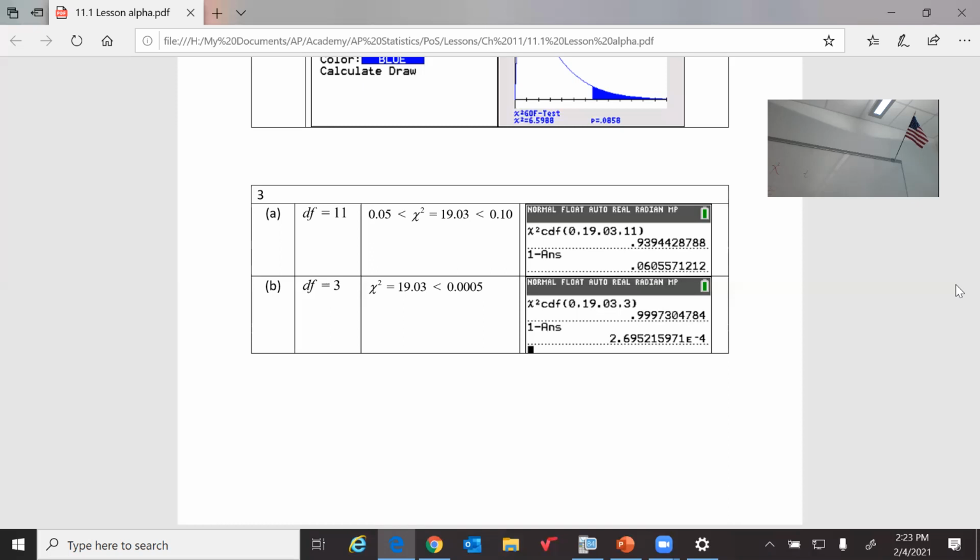Because as you have more degrees of freedom, you're pushing down on the curve. So the same value out here is going to capture less of the curve with more degrees of freedom. Okay? So that is it.